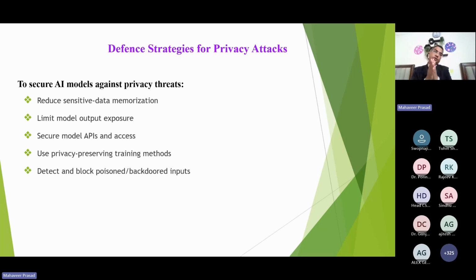So basically, you saw that the attackers were using all these attack techniques to exploit our model. If we give defense against these kinds of things, then definitely the number of attacks will be less, or you can say it will take more time for attackers to implement these kinds of attacks.